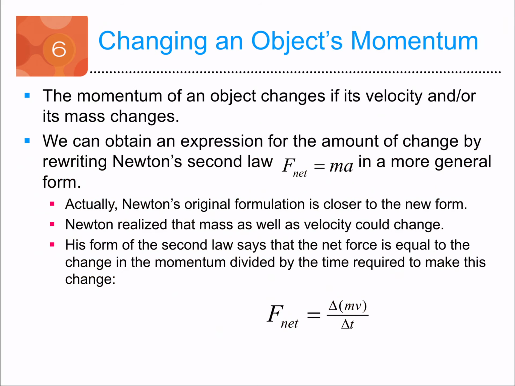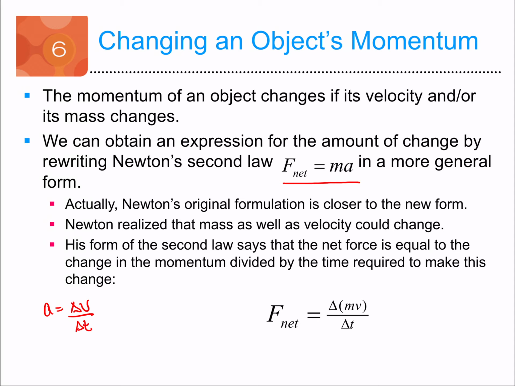Okay, so we know that momentum is going to change if velocity and or its mass changes. So this expression right here is Newton's second law. Now Newton realized mass or velocity could change. So remember that acceleration is the change in velocity over the change in time.